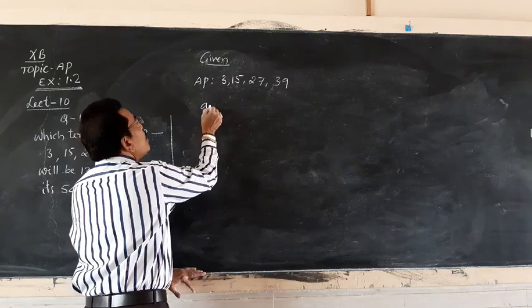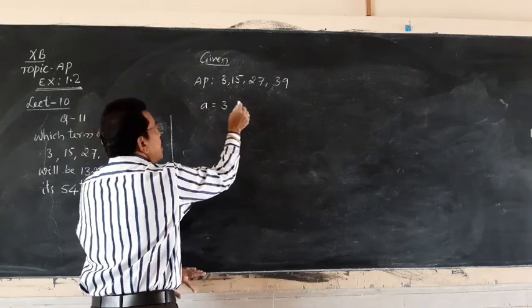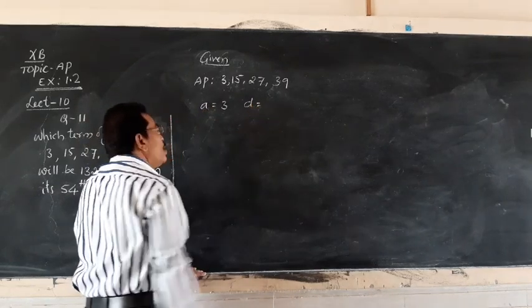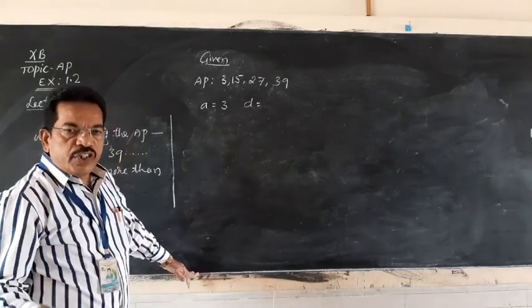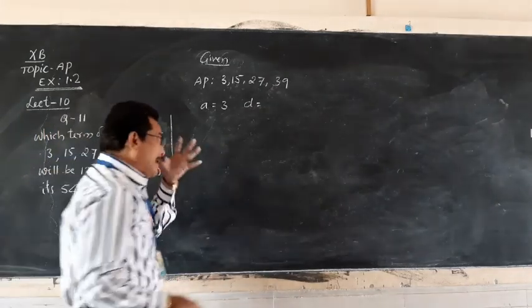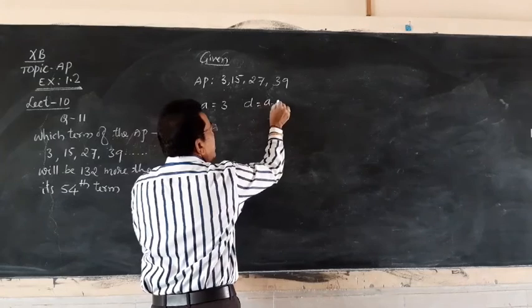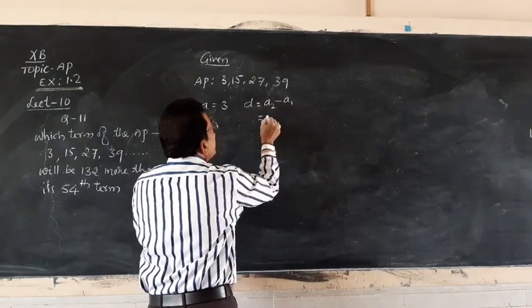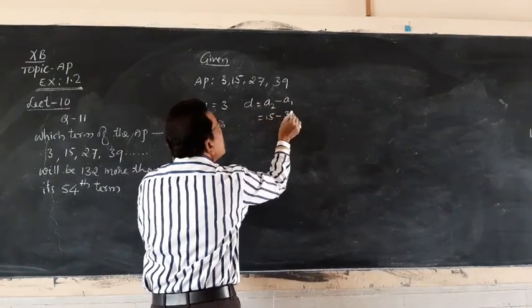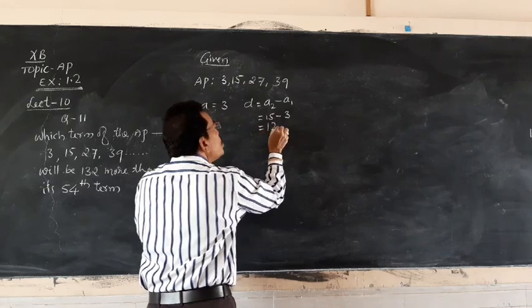A equals the first term, that is 3. D equals the difference of any two consecutive terms. Usually we take A2 minus A1, that is 15 minus 3, which equals 12.